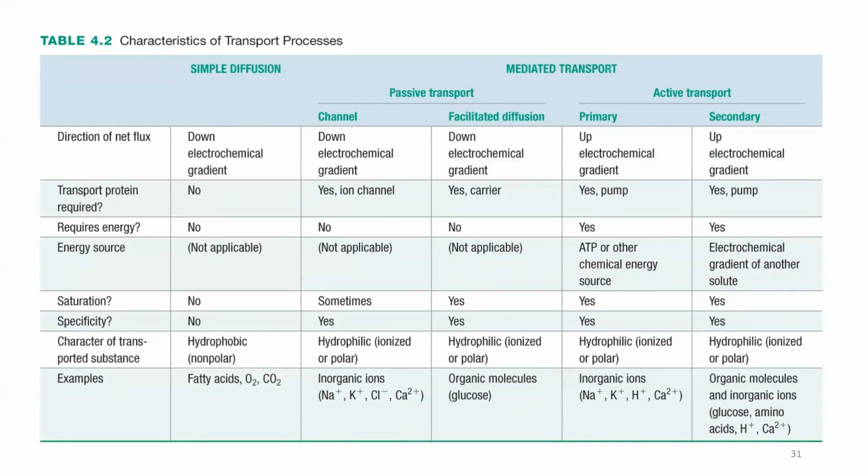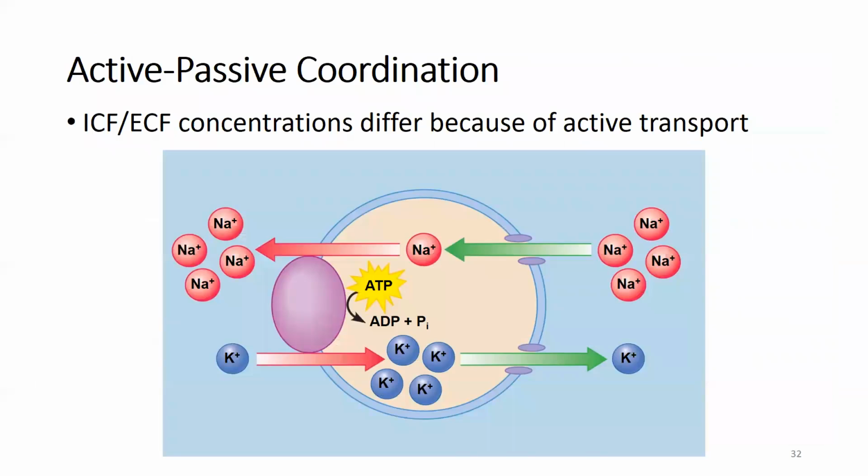Okay, we talked about the energy source for active transport. Primary uses ATP, whereas secondary is going to use the electrochemical gradient of some other solute. Alrighty, so be able to recreate this table from your understanding as a way to help prep yourself for Monday.